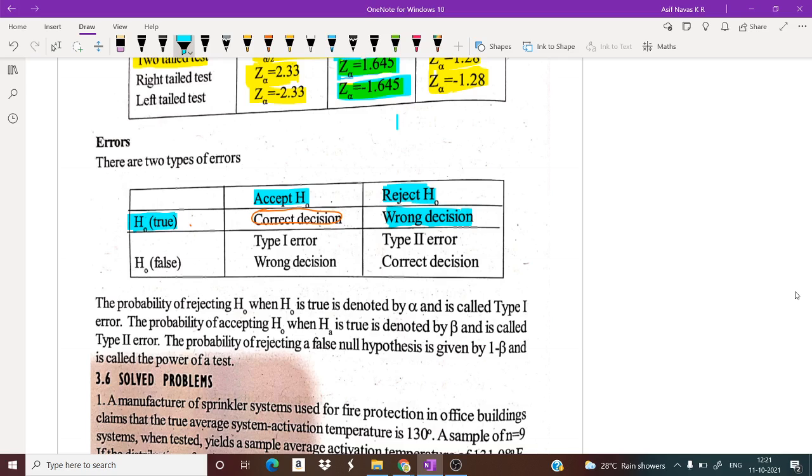And if H naught is false and we accept H naught, this is also a wrong decision. What is a type 1 error?